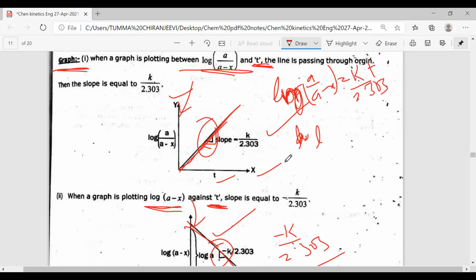So this equation is similar to the mathematical equation y is equal to mx.